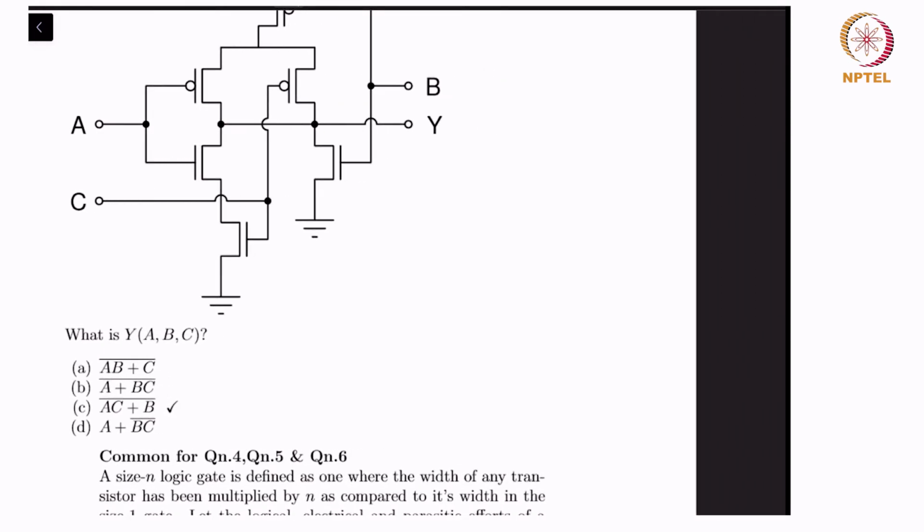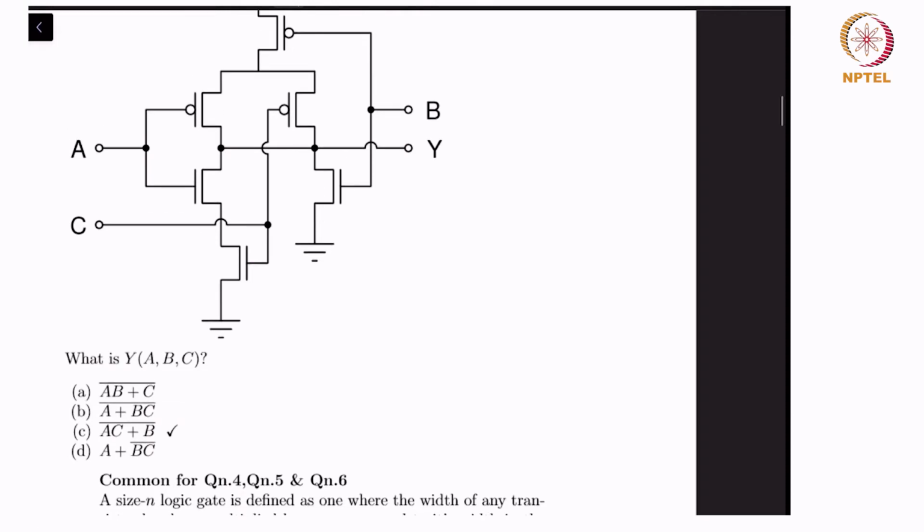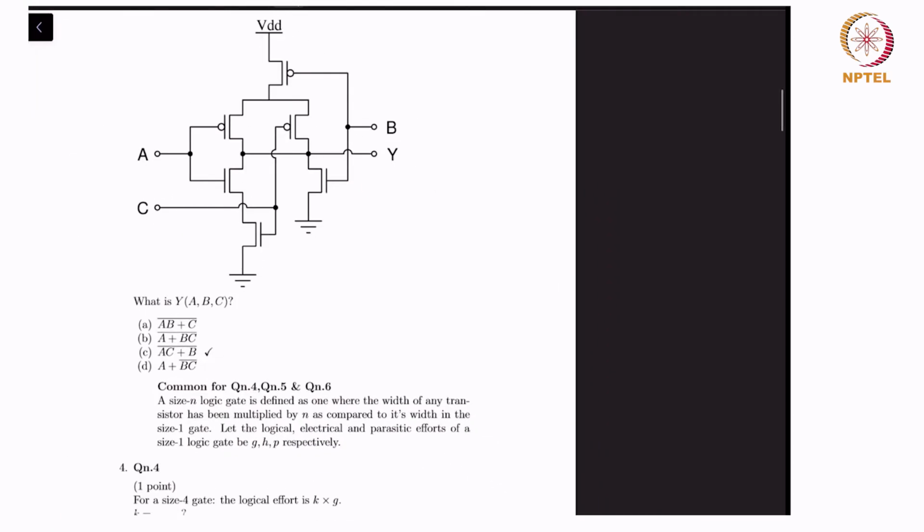So let's look at it from the N stack, and we see that there are two of them in series, and that series stack is parallel with this other stack, right, by this common connection, right? So the two guys in series have input A and input C, and the other guy has input B.